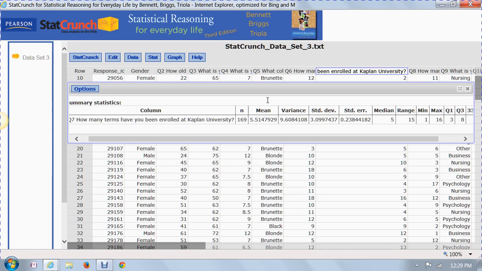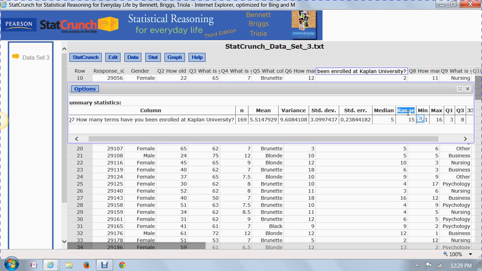Now, we can estimate the standard deviation by taking the range of the data. The range is just the high minus the low. That's all it is. You see, it's 16 minus 1 is 15. The max is 16 terms. The minimum is 1. So the range is 16 minus 1, or 15.